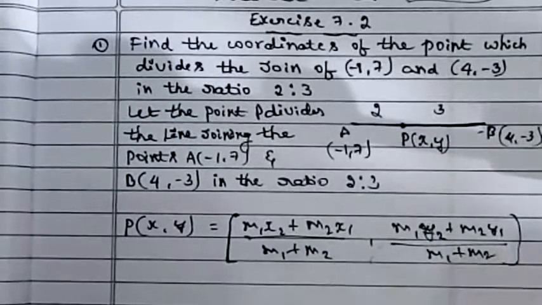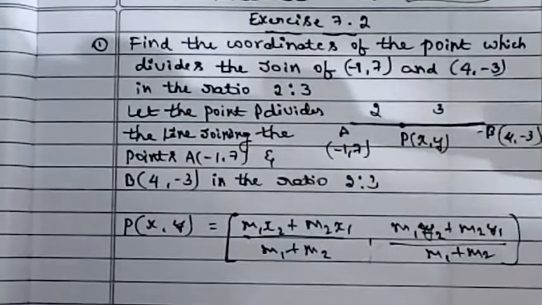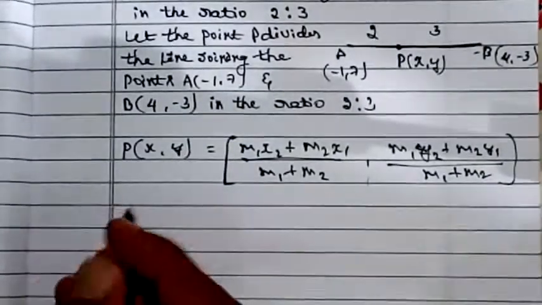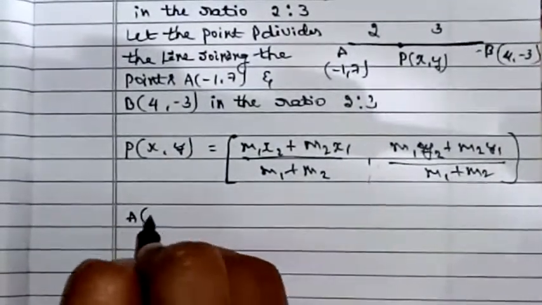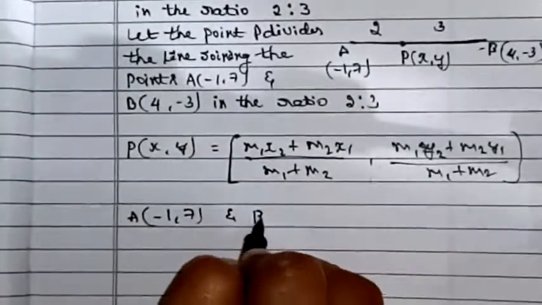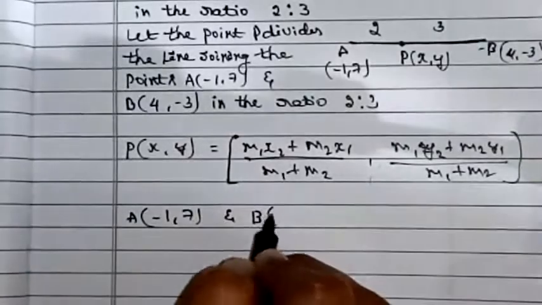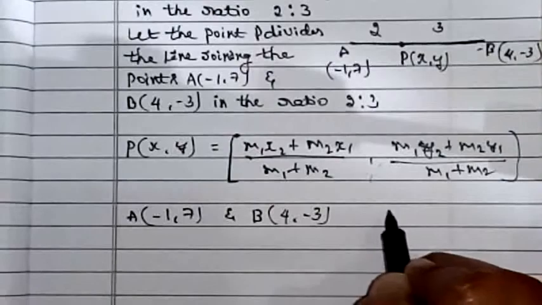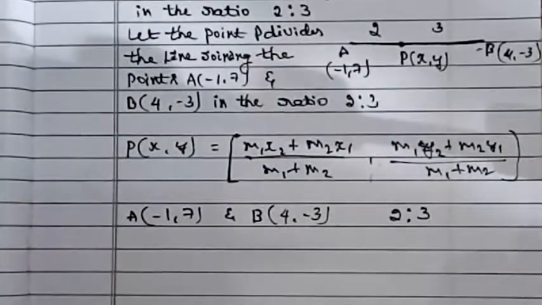So this is the section formula. Now write down the coordinates of A and B: A(-1, 7) and B(4, -3). It's dividing in the ratio 2:3.